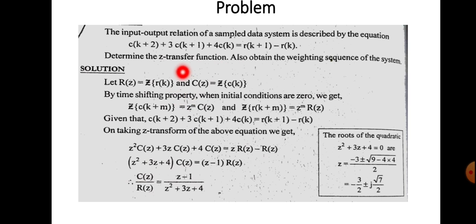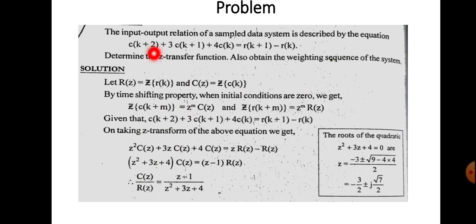So C of z by R of z will give you the z transfer function. You are also asked to find the weighing sequence of the system. What is the weighing sequence of the system? We have studied in the theory section that the weighing sequence means the impulse response, that is, the response to the impulse function. Okay, so that we can find in the next step.